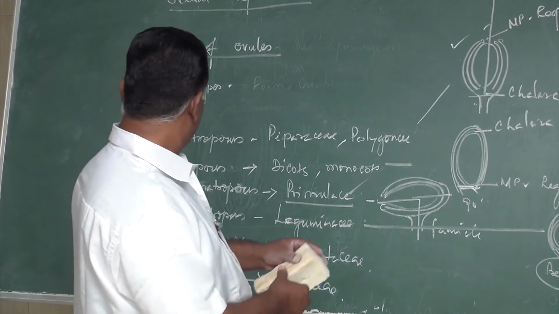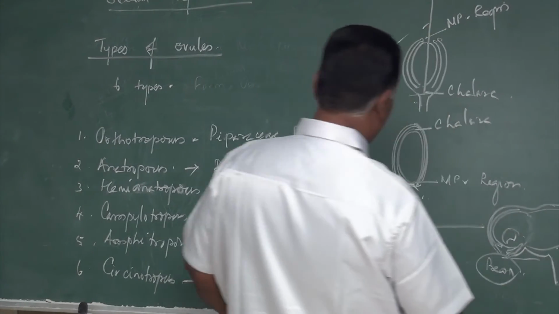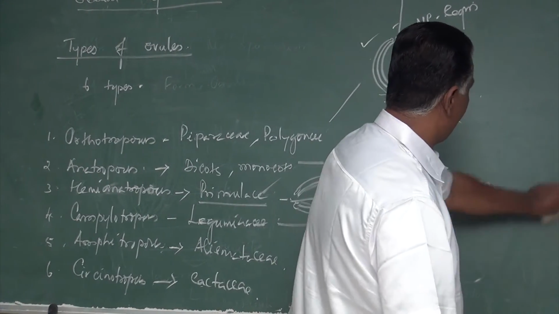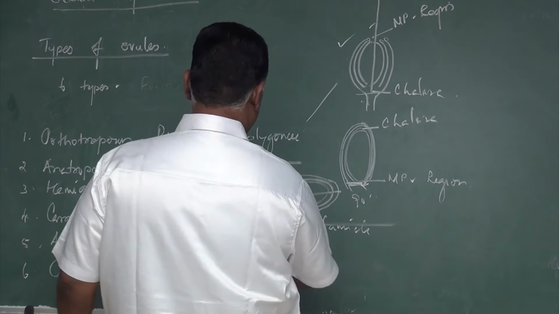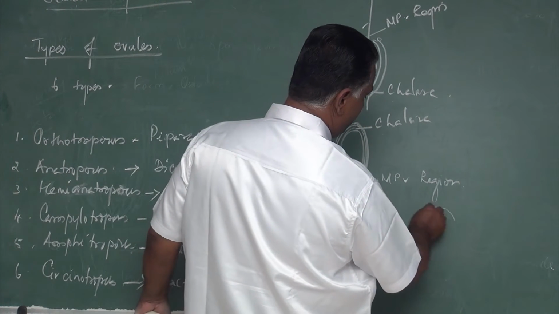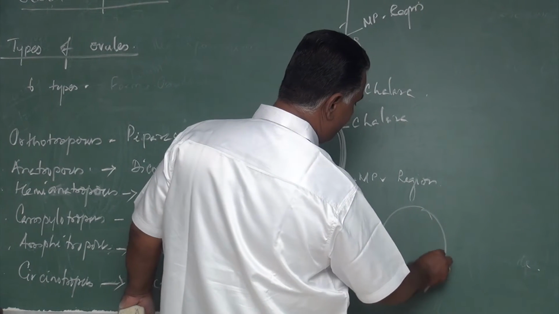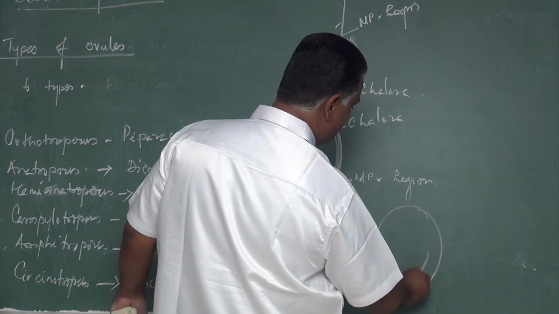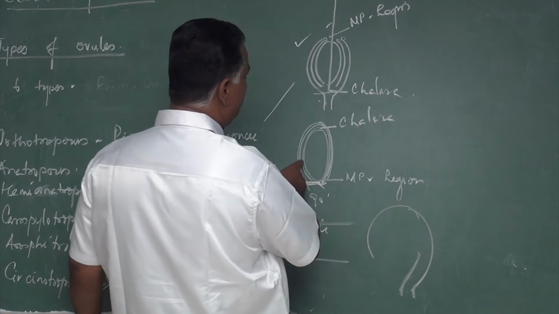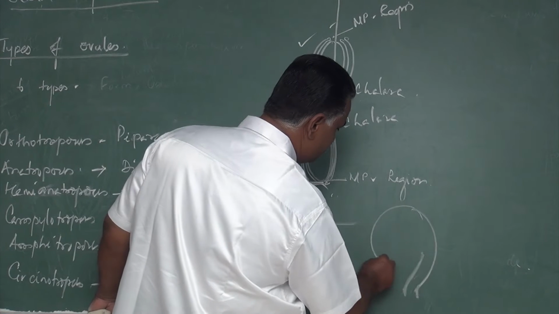The next is amphitropous, the fifth one. In the amphitropous ovule, we'll see the micropylar end. This is almost equal to the anatropous ovule, but there is a little difference.